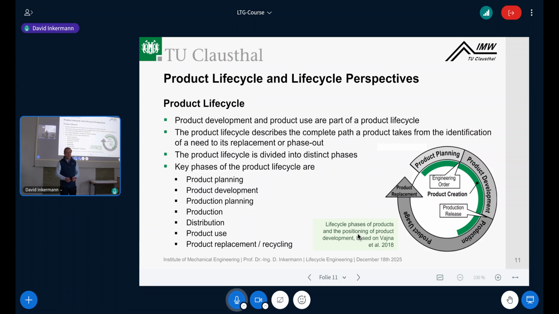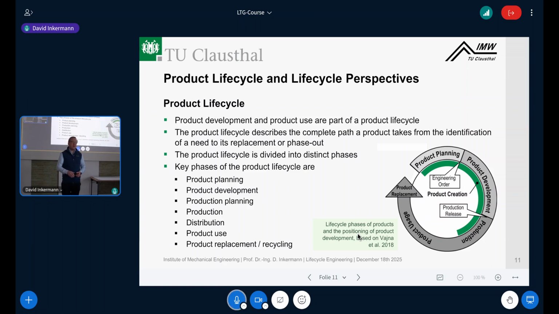There could be distribution as a specific phase in between. But overall, they follow the idea that we have different phases, and these phases describe the complete path from the product idea or the initial planning to the end of the first life cycle, or also the overall end of the product's life.